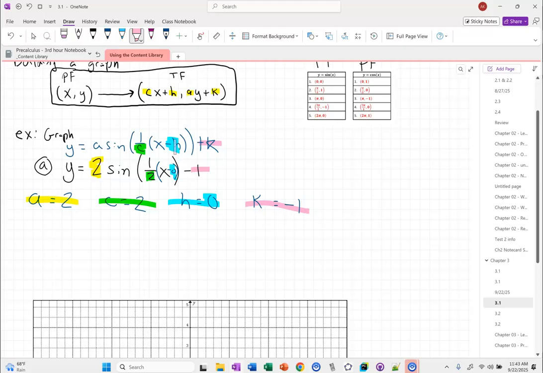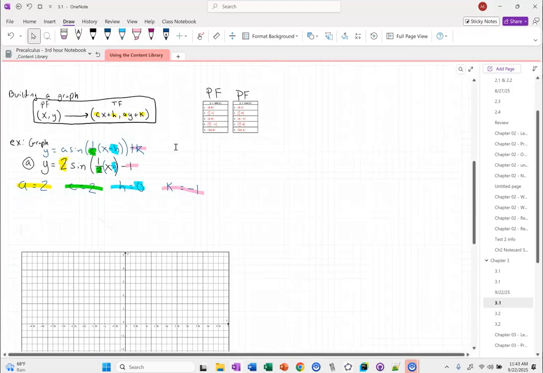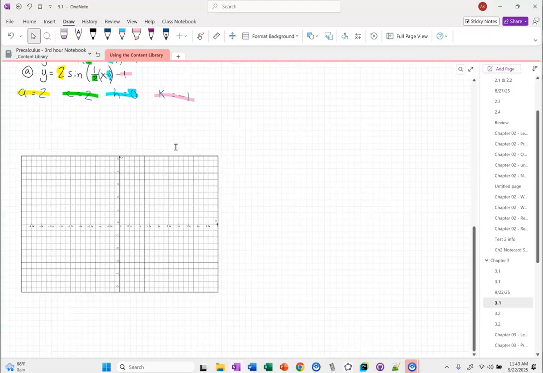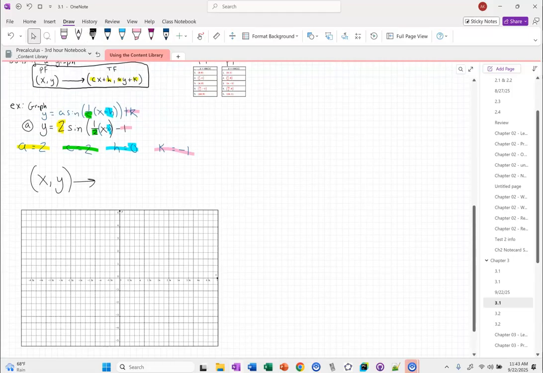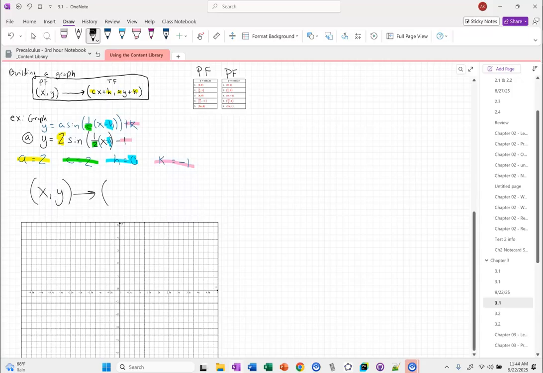Everybody so far so good? Okay. What we're going to do now is we're going to write our transformation math. So I'm going to fill in my values for C and H, and then A and K. Is everybody okay with that?